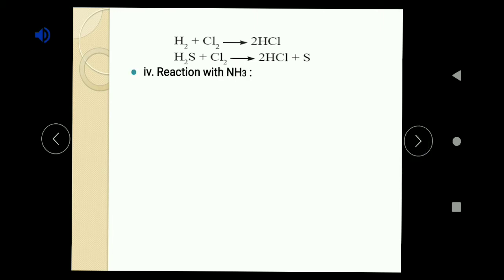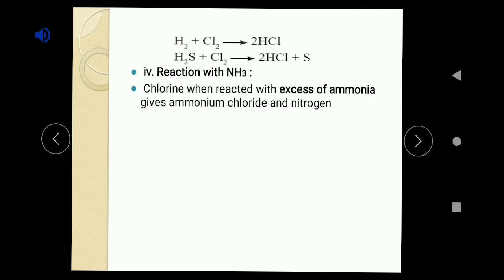Now we will see the reaction of chlorine with ammonia in two different ways. In the first way, we react chlorine with excess of ammonia, and in the second way, we react excess chlorine with ammonia. The products every time are different.